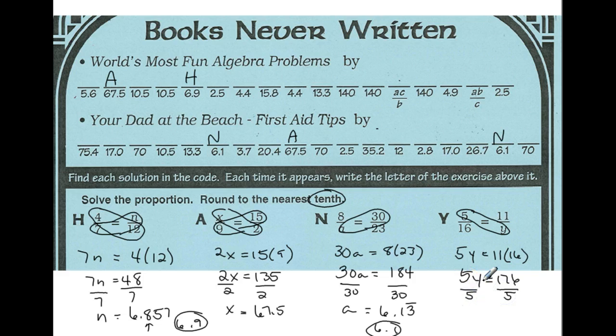I'm going to divide both sides by 5 and get y is equal to 35.2. Okay, I don't see 35.2 anywhere up there any more times, so at this point I think I'm finished.